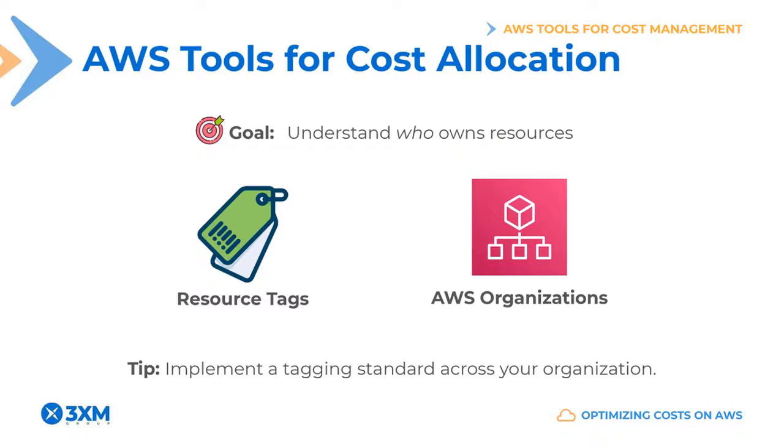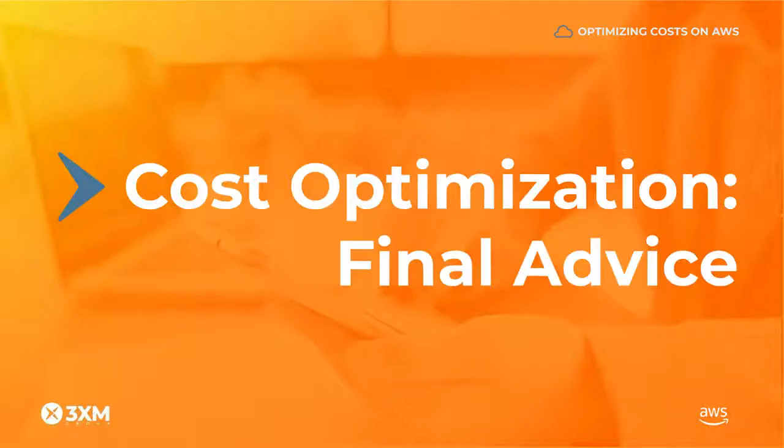Either one of these or a combination of the two will provide the cost attribution capabilities required for your business. And a combination of both is typically what we see in the companies we help manage their AWS environments. And a tip: do implement a tagging standard across your organization, right? Having tag consistency is key not only for automation processes, but also to be able to analyze costs accurately.